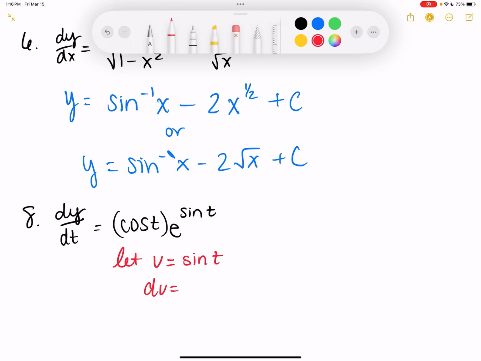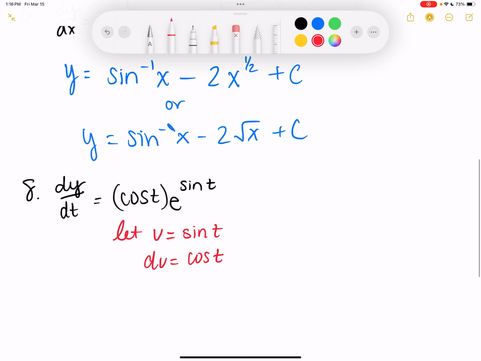The derivative would be cosine of t. Just use the antiderivative. So perhaps this is e to the u du. Can you integrate that?